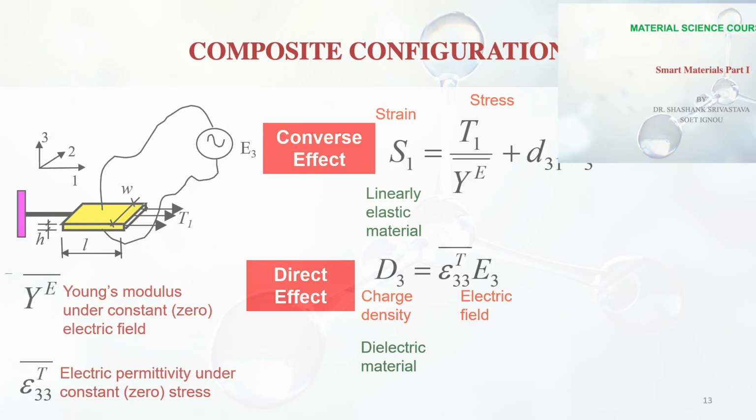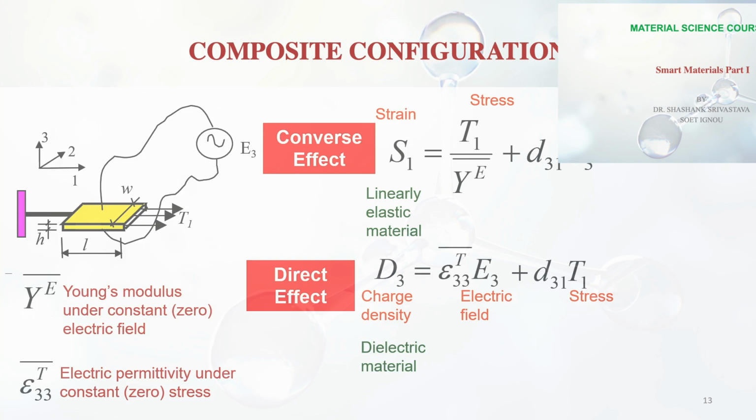Here epsilon 33 with superscript T is the electric permittivity under constant stress. Now on account of the direct effect, there will be additional charge also, that is, the stress will give rise to charge.